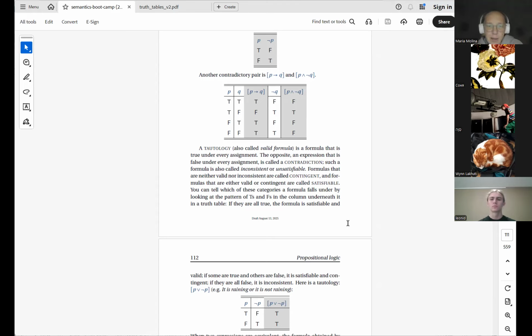Now we have formulas that are neither valid nor inconsistent, and we'll call them contingent. And we have formulas that are either valid or contingent, which are satisfiable formulas that can yield true.